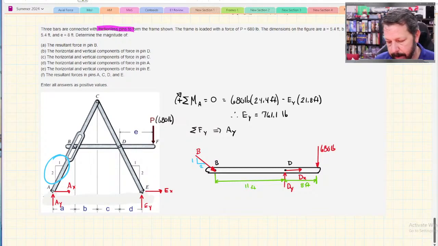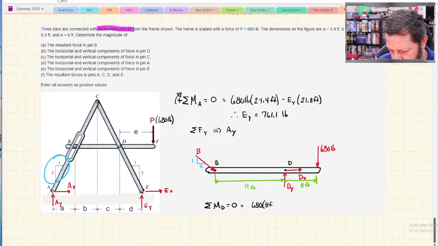If I want to find the reaction at D, well, let's do the force at B. I would do summation of moments about D equals 0 equals 680 times 8 feet minus what I drew as B times, I only want the y component of it, so 1 squared plus 2 squared, the square root of that is 2.24.